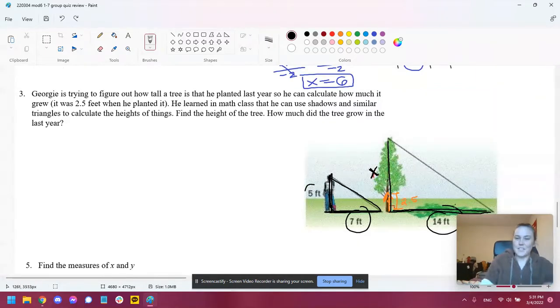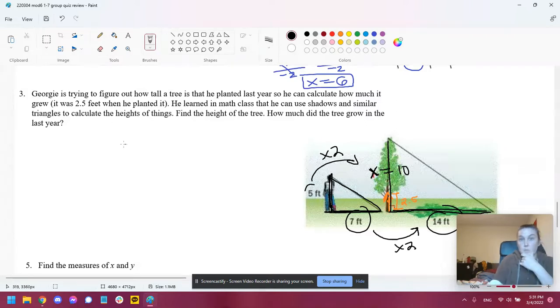Okay, if the shadow of the tree is twice as long as the shadow of the man, then the height of the tree is also going to be twice as long as the height of the man. So basically the scale factor here is 2, so the scale factor here will also be 2. Is 10 my answer? No, because the question was, how much did the tree grow?